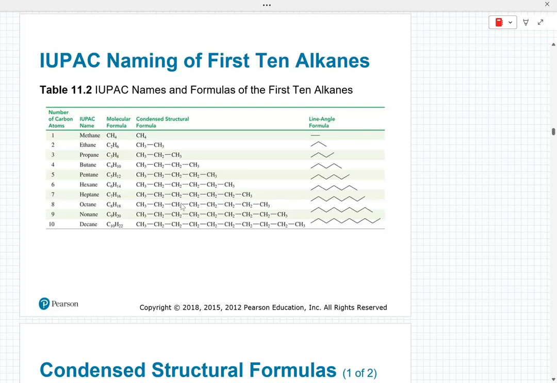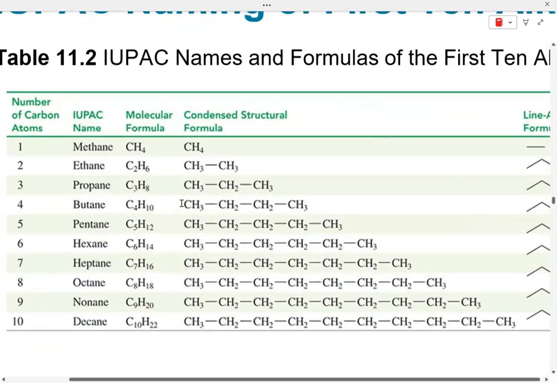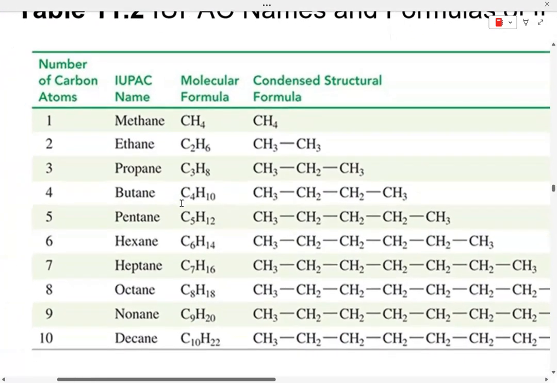Okay. I'm going to make it larger. So these are prefixes that you need to know. Meth 1, eth 2, prop 3, but 4. These make absolutely no sense. So this is memorization.